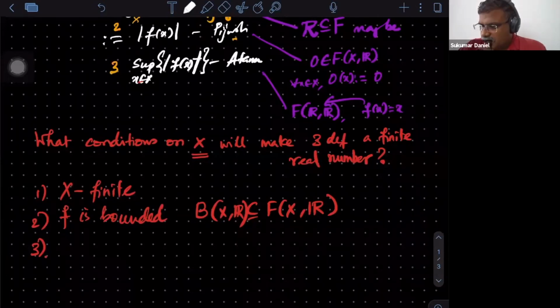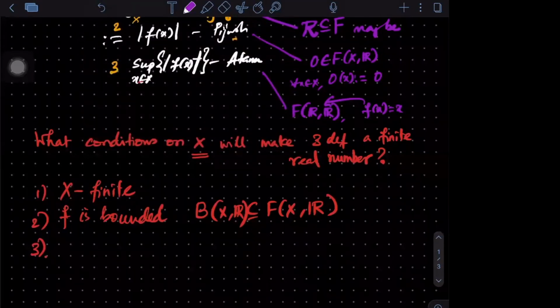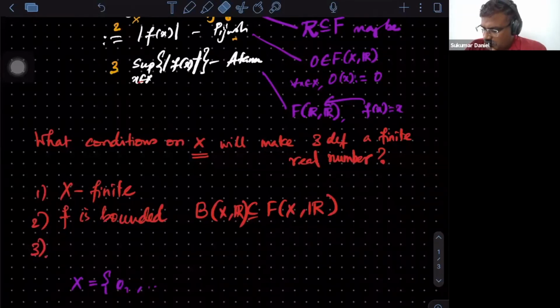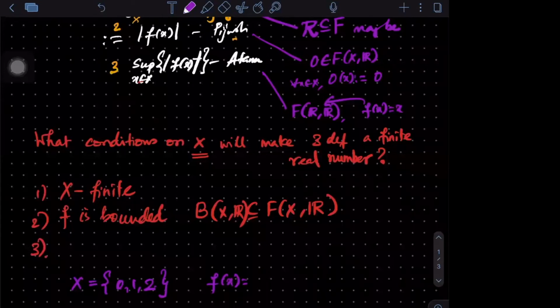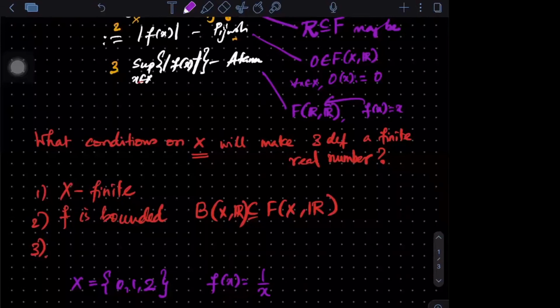Now what is the set you are considering? The function is 1 by x, and I can consider the set to be 0, 1, 2, a finite set, just 3 points, let's say. So what is f of x? 1 by x. It is not defined at 0, so we won't consider it.